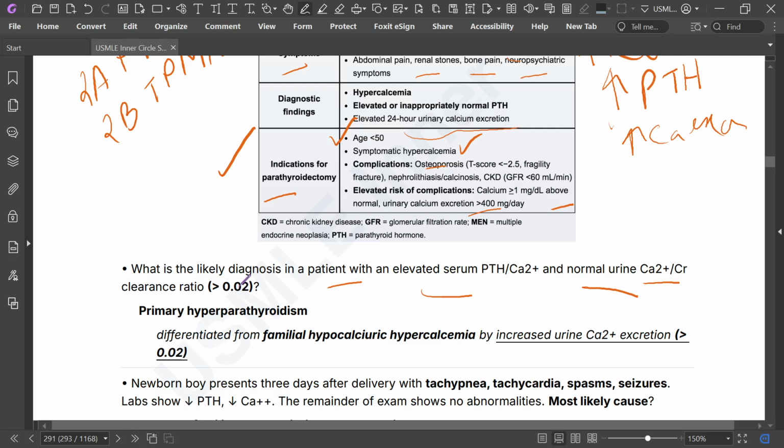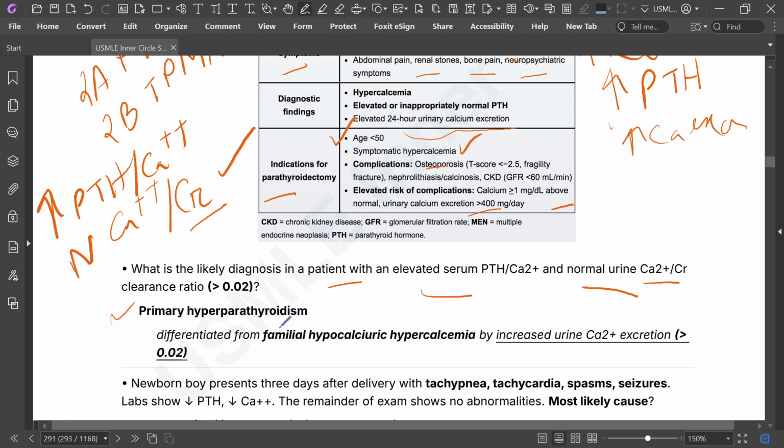With elevated PTH and normal urine calcium creatinine ratio, it is primary hyperparathyroidism. Differentiate it from familial hypocalciuric hypercalcemia, where there is decreased urine calcium excretion.